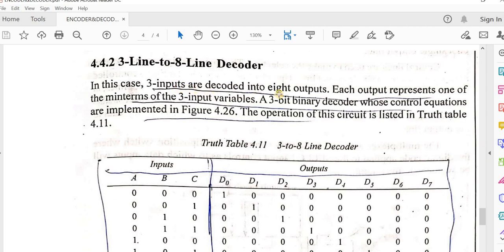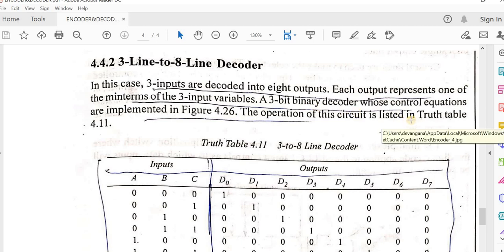In this case, 3 inputs are decoded into 8 outputs. Here inputs will be 3 and outputs will be 2 to the power 3, that means 8 outputs. Each output represents one of the minterms of the 3 input variables.